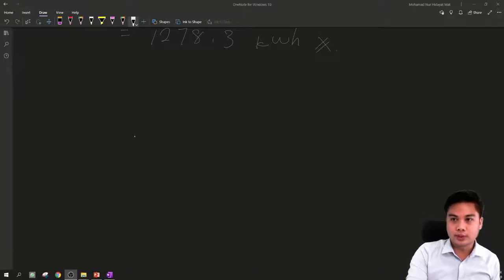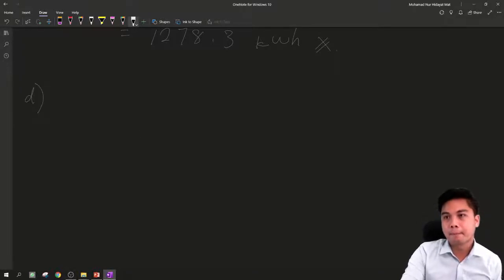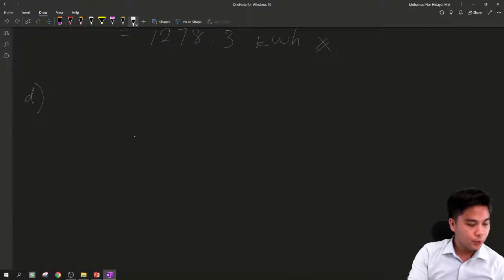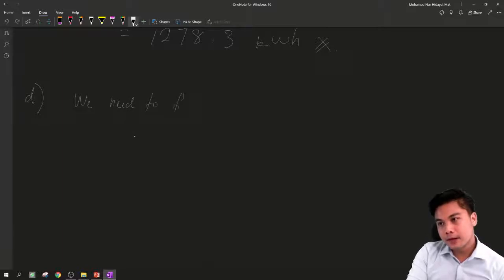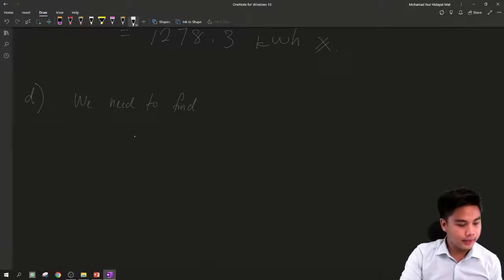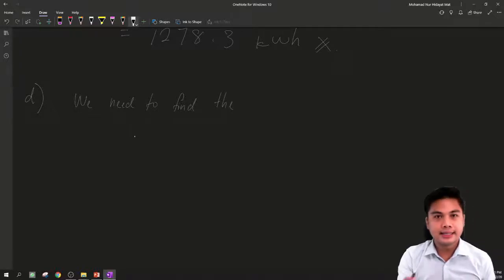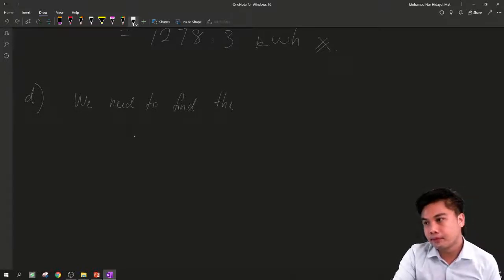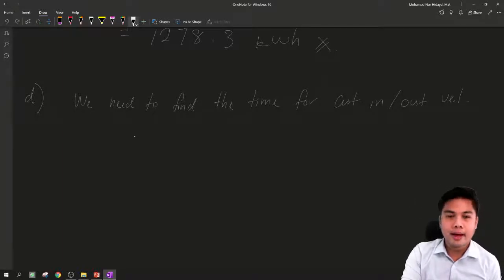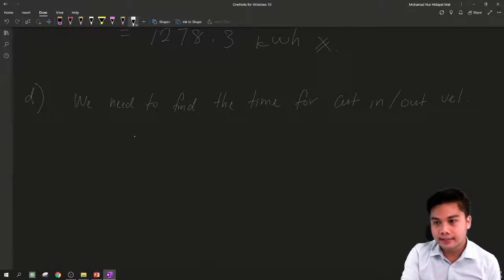So this is the last question, D. Given here, we need to find the specific time for cut in and cut out velocity by referring to the velocity profile, the velocity pattern profile. Alright, this is step 1.